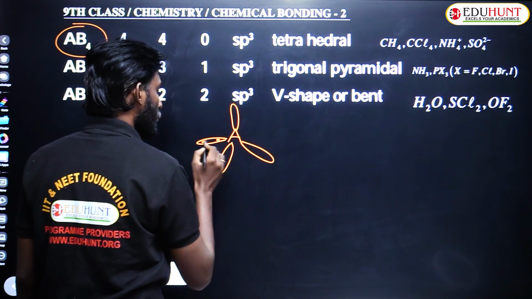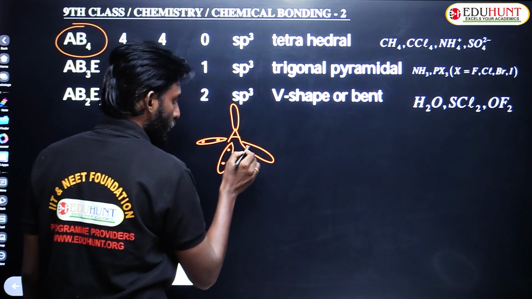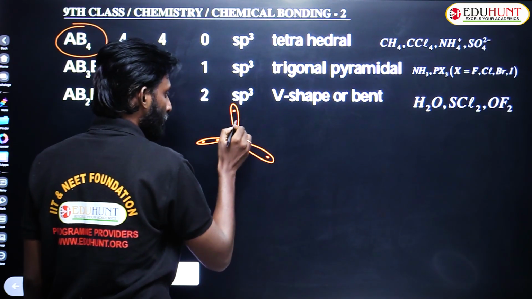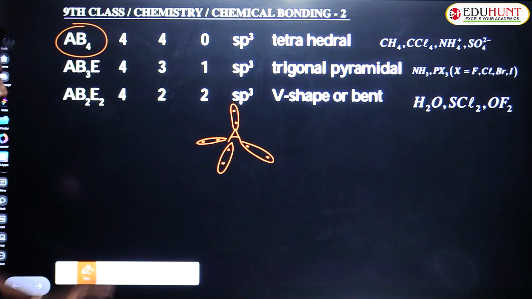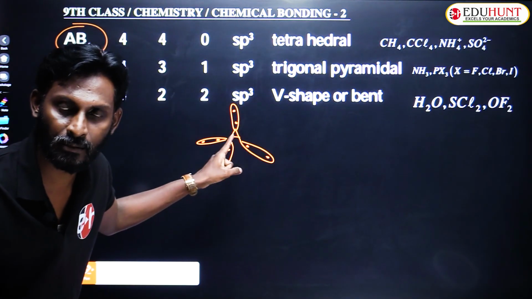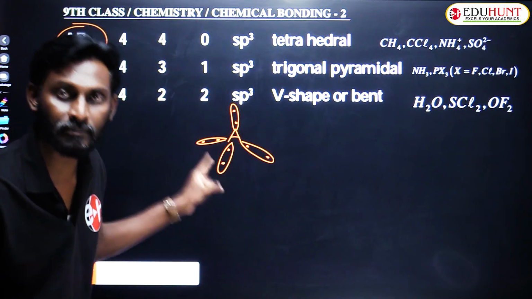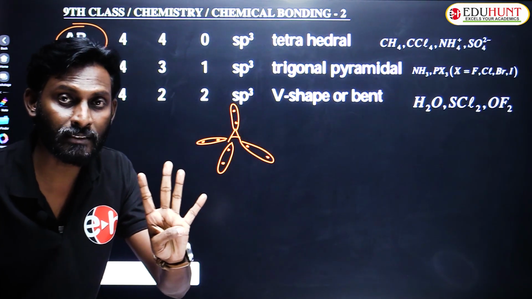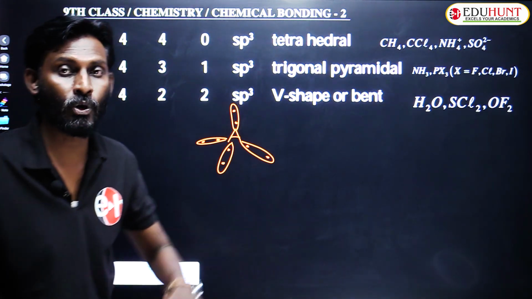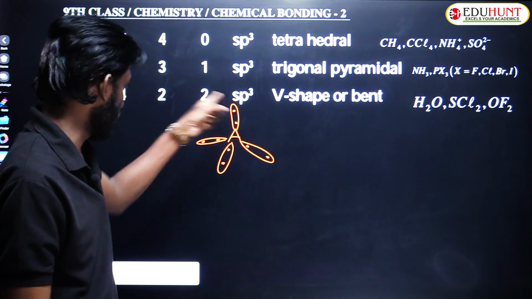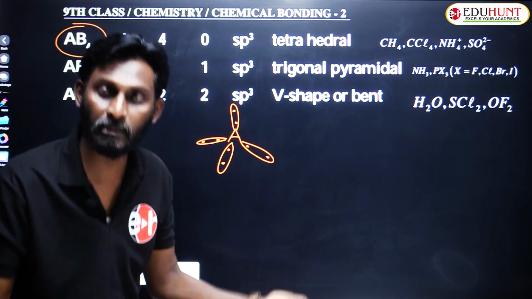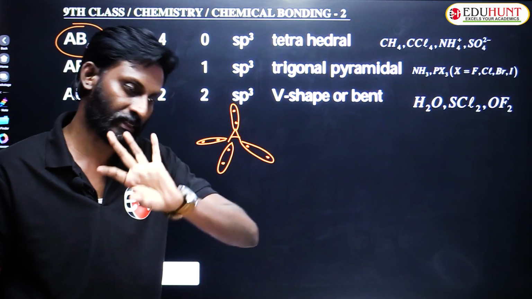I hope you are able to identify tetrahedral electron geometry in my diagram. Is this looking like tetrahedral? Yes. There is a central atom. Around this central atom there are 4 electron pairs. Now Sidgwick and Powell don't bother about whether these 4 pairs are bond pairs or lone pairs. They simply look at the electron pairs.